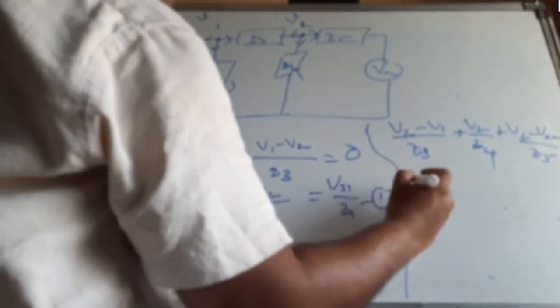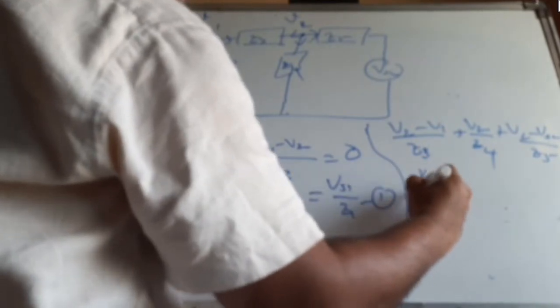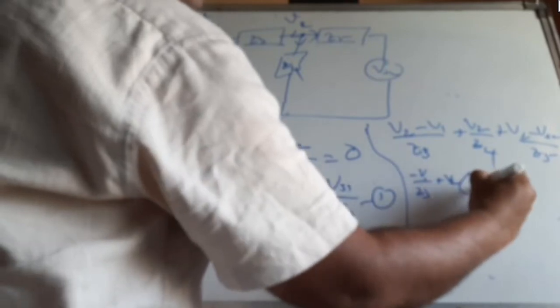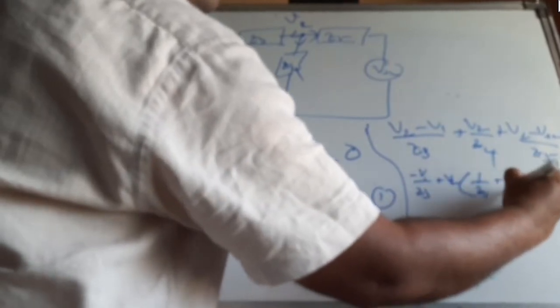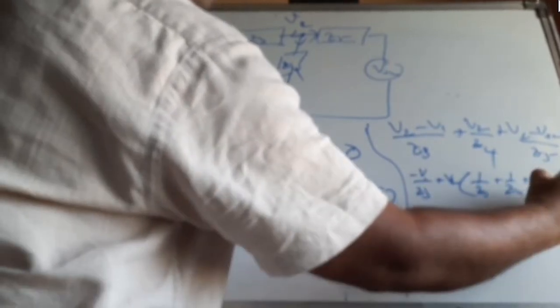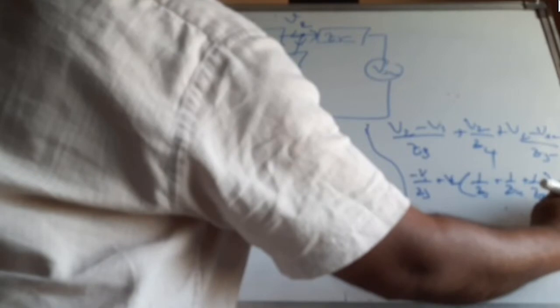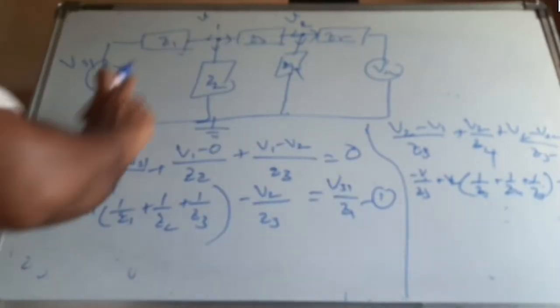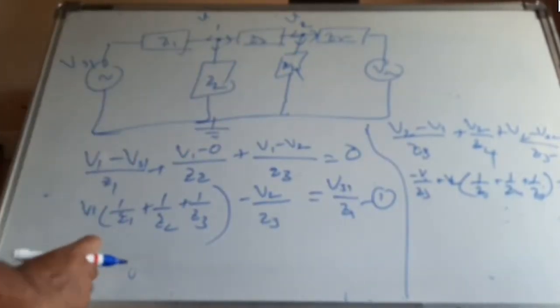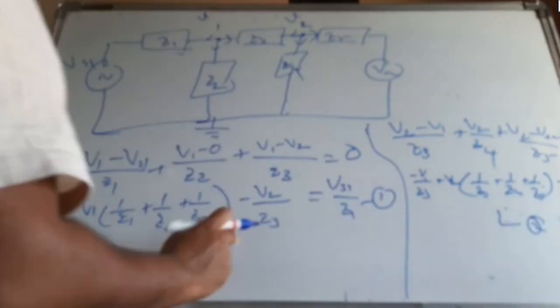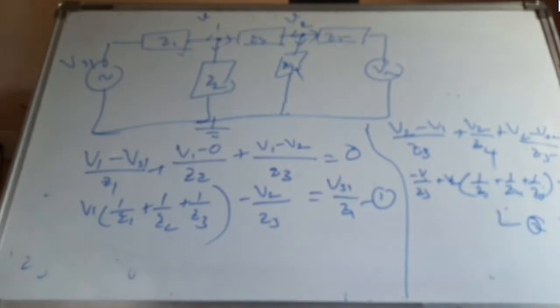On simplification, minus V1 by Z3 plus V2 into (1 by Z3 plus 1 by Z4 plus 1 by Z5) is equal to Vs2 by Z5. So here we see that V1 and V2 are two unknown parameters, and I have two equations, 1 and 2. Let's solve these two equations and get the answer for V1 and V2.